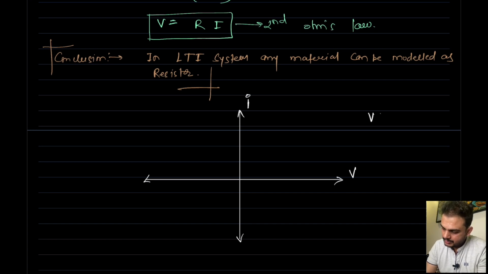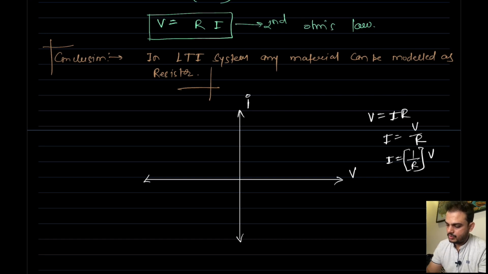We know that V is equal to IR, so we can write I is equal to V by R, that is I is equal to 1 by R into V. Observe this equation, this is similar to y is equal to mx, which is the equation of a line passing through the origin.